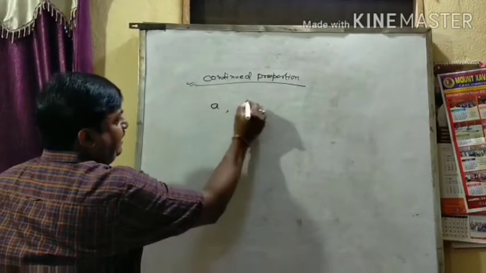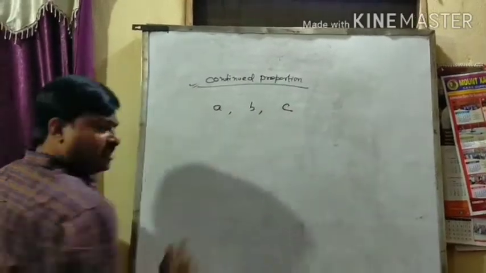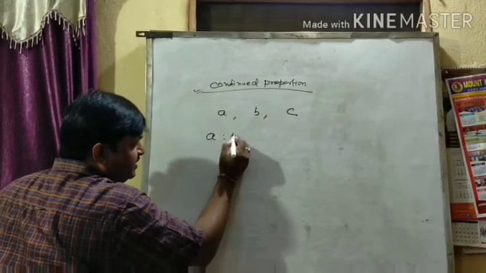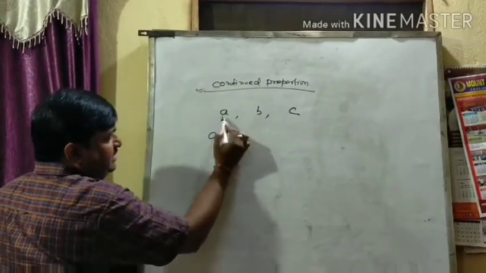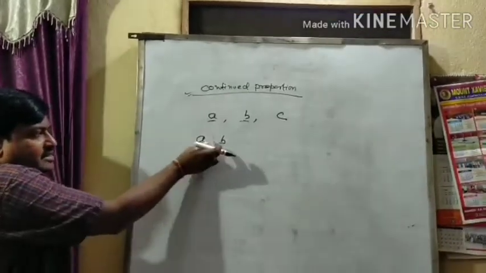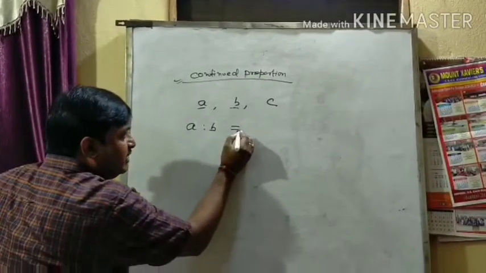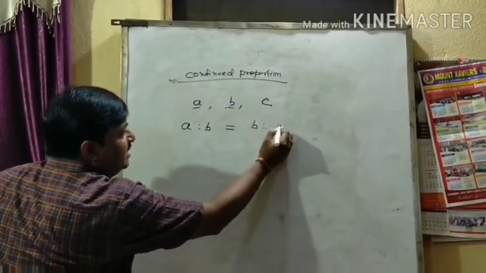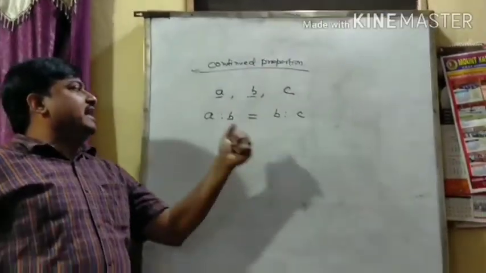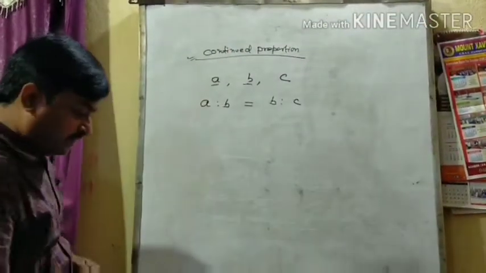Means A, B and C. Suppose these are the three quantities. If the ratio between first and second quantity is equal to the ratio between the second and third quantity, then we can say these three quantities are in continued proportion.